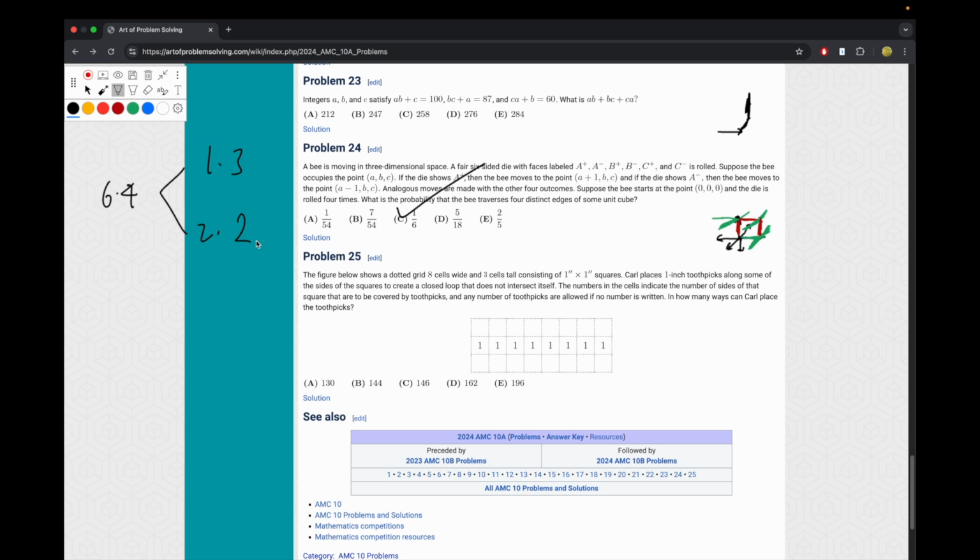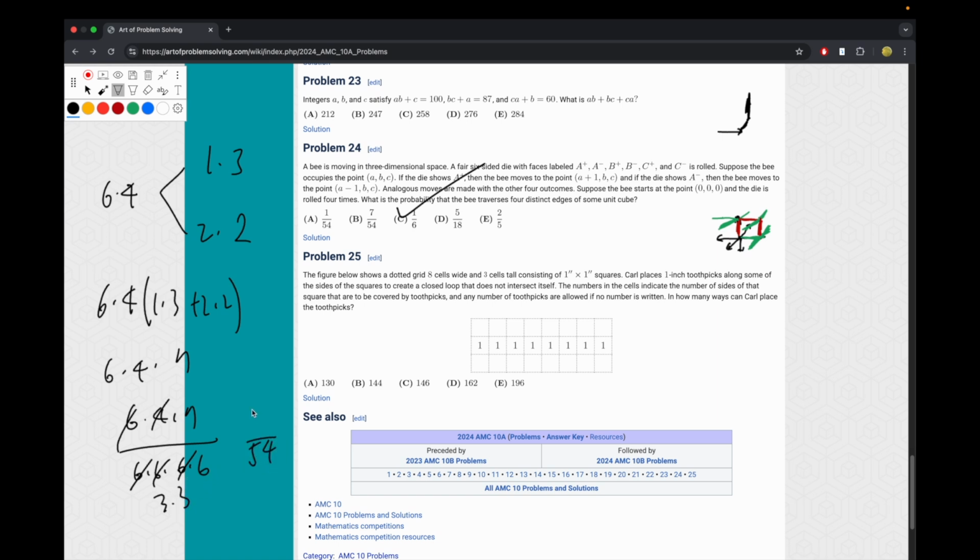So the total probability is 6 times 4 times 1 plus 3 plus 2 times 2, which is 7 times 6 times 4. And dividing by 6 times 6 times 6 times 6, we have 3 times 3 and 6.